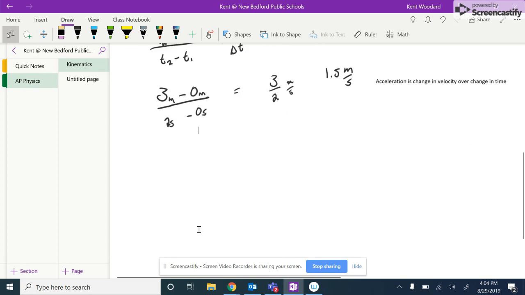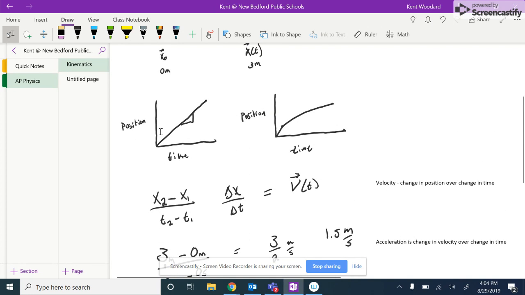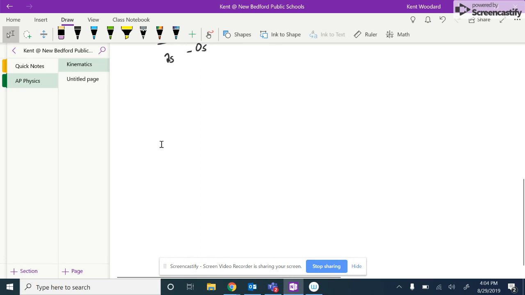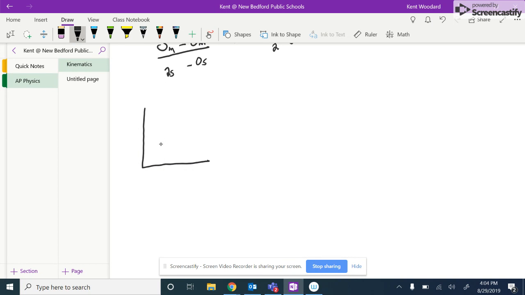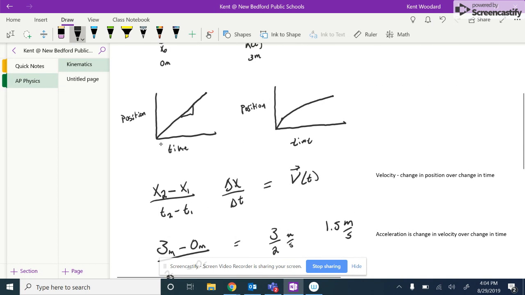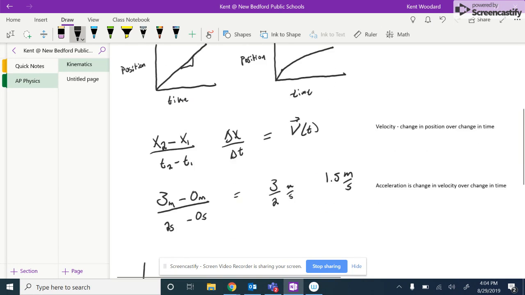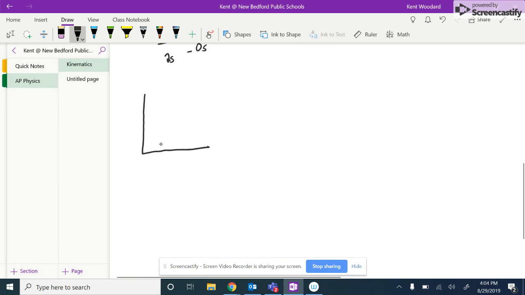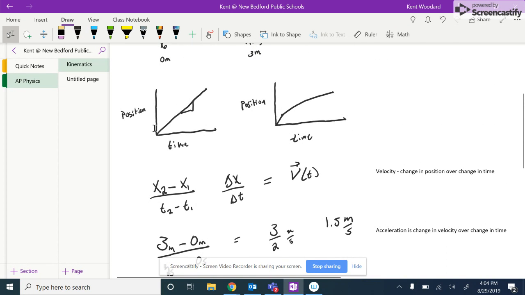So let's take a look at the position time graph in terms of the velocity first, and then we'll look at the acceleration. So if I were to graph the velocity against time for this first position time graph, right? The velocity as a function of time is constant because look, it's the same, right?